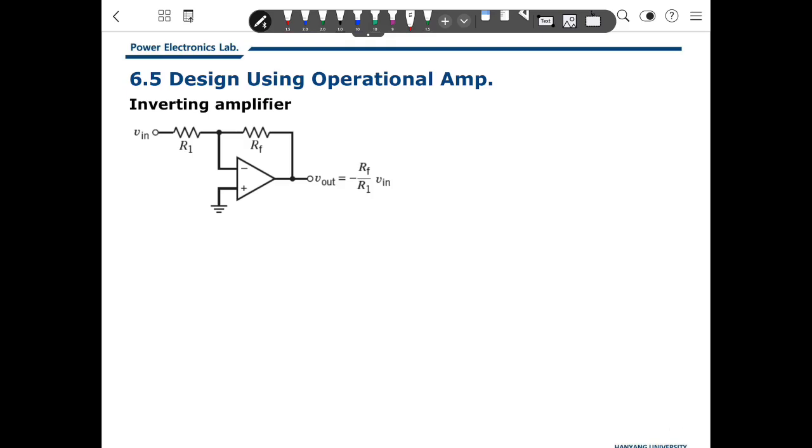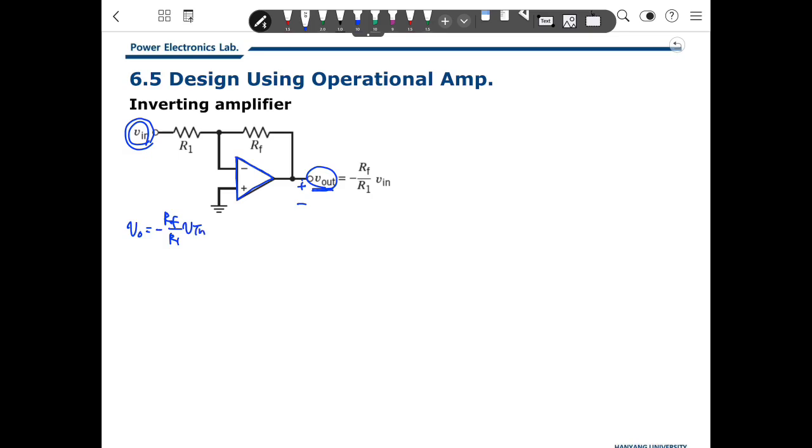To perform such mathematical operations, there are some basic blocks. The first thing is the inverting amplifier. If you configure the electric circuit based on the op-amp like that, there is a V input value and an output voltage. The relationship between V out and V in is VO equals minus RF over R1 times V in.